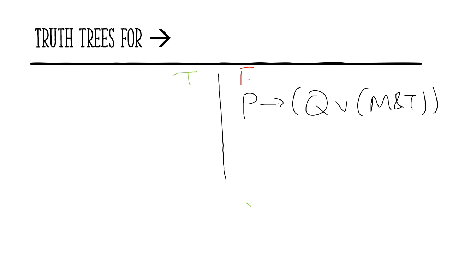So we're saying, what makes this a false statement? Well, our main operator is still the same. It's still our arrow. So what makes it a false statement is wherever the left side is true and the right side is false. Make sure I said that right.